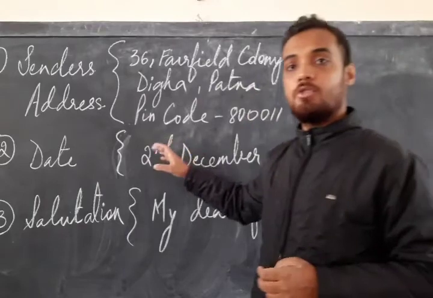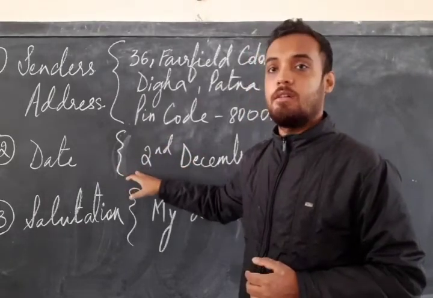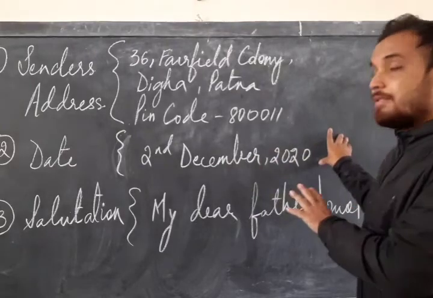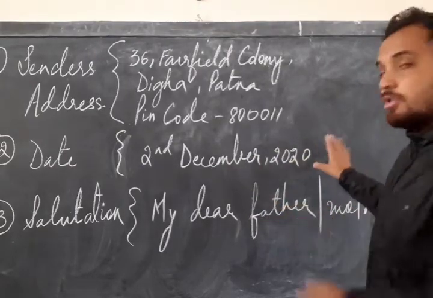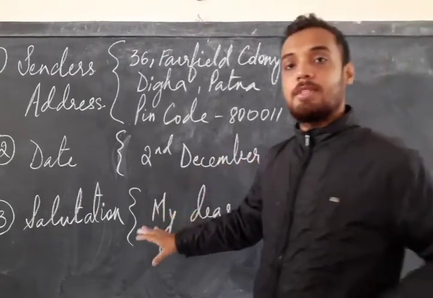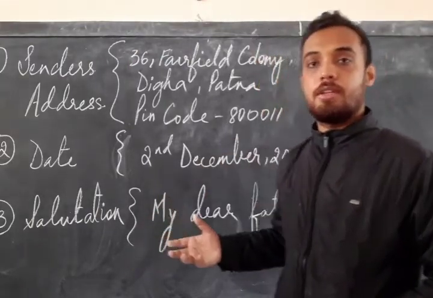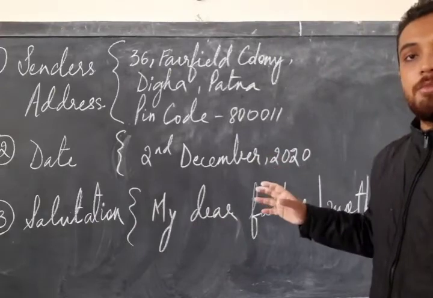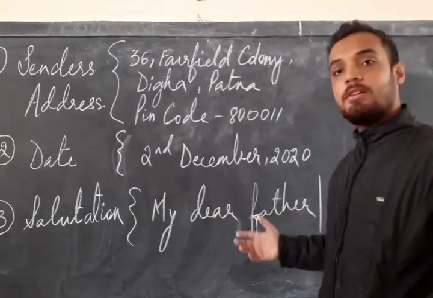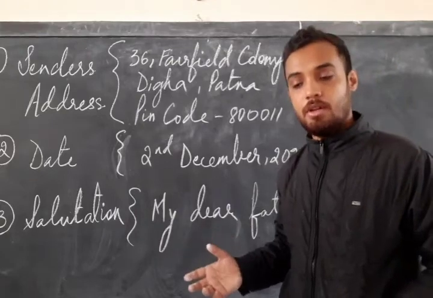The second thing that you have to write is the date. The date has to be mentioned and written in the given format: 2nd December, 2020. Then comes the salutation, to whom you are writing the letter. It's an informal letter. That is why we give the salutation as my dear father, my dear friend, my dear mother and all.